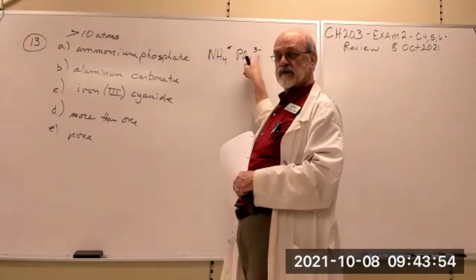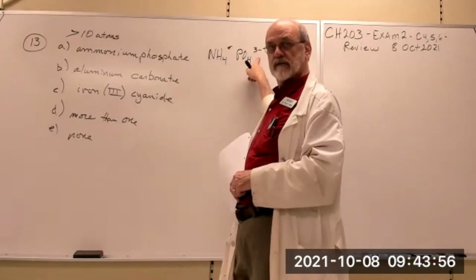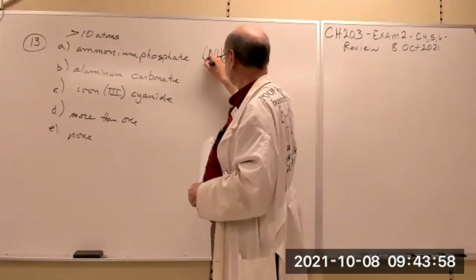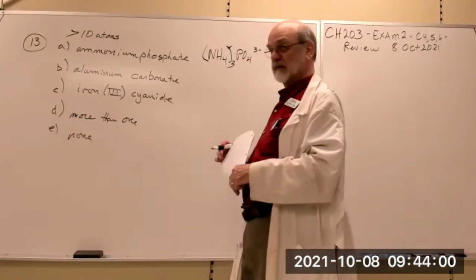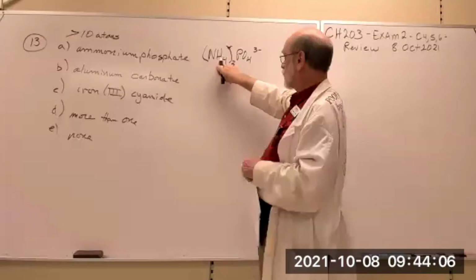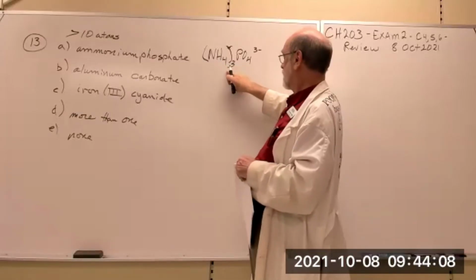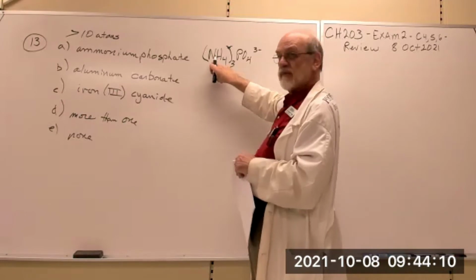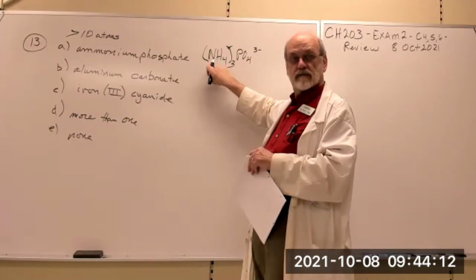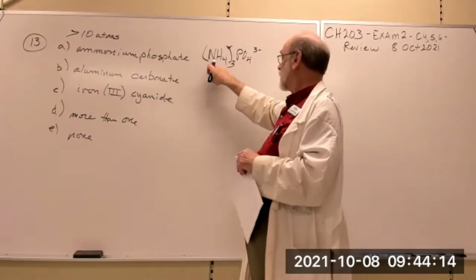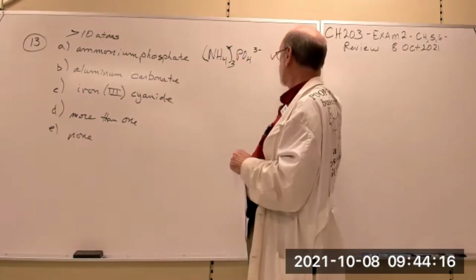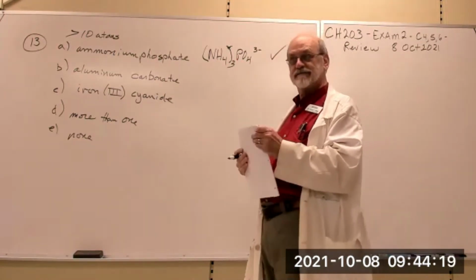We need 3 positives to balance that one. How many atoms are in that formula? We've got 12 here, right? And 3 more is 15. So we don't even have to count the rest of them. That one's greater than 10.